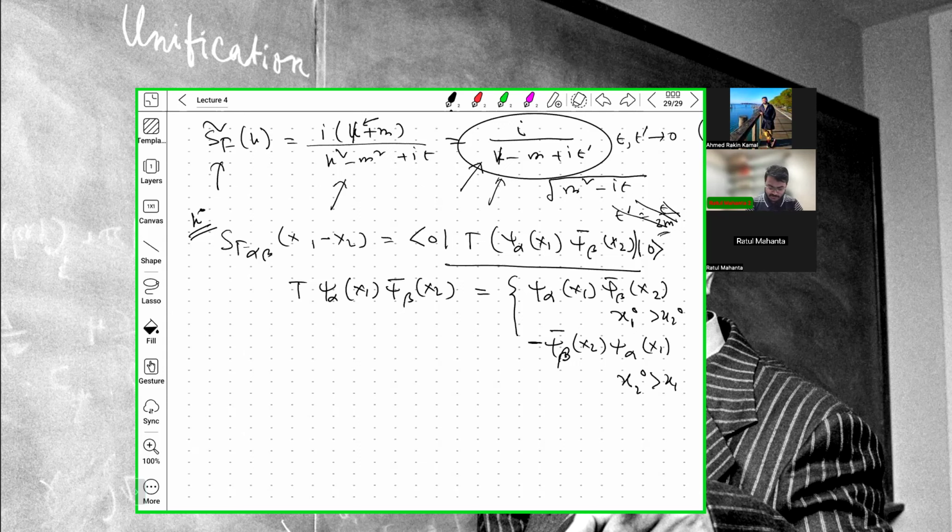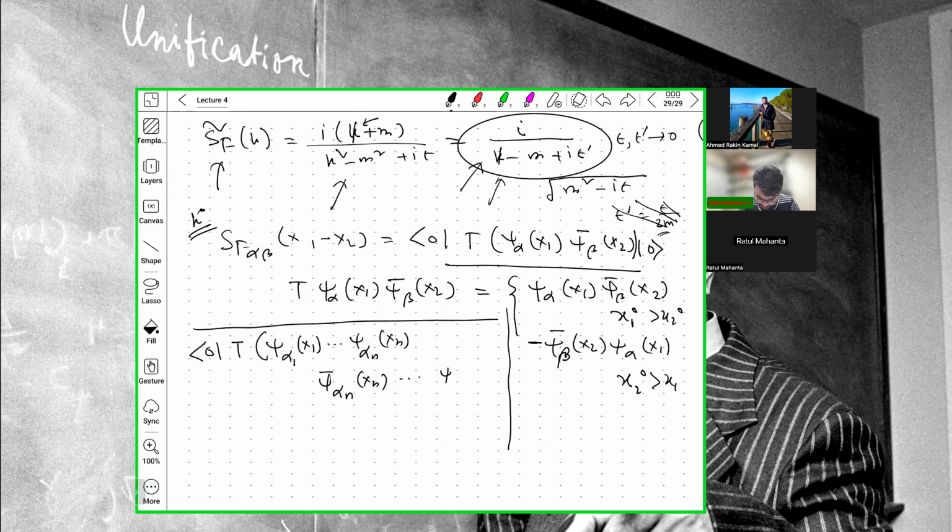That is what time ordering means. I will now state what the general correlator will look like: psi alpha 1 at some x1, up to alpha n at some xn, some fields, and then you will also have some conjugate fields, I mean psi bar fields.